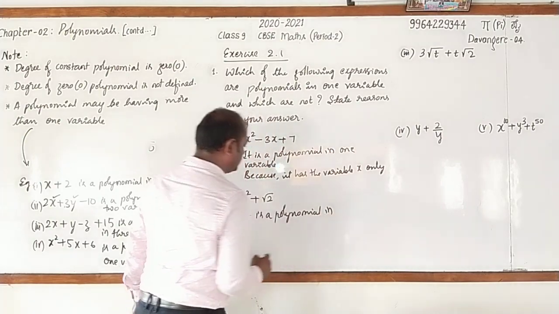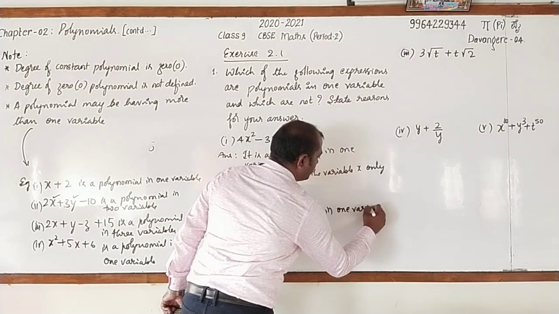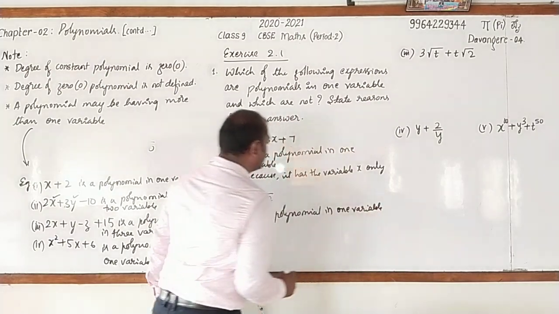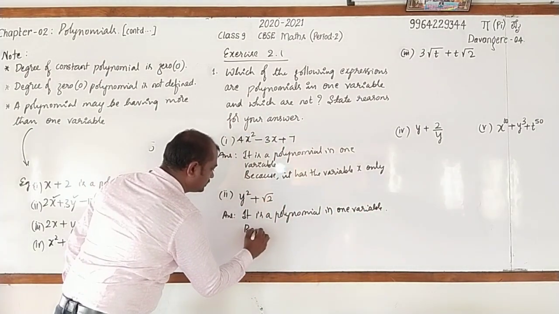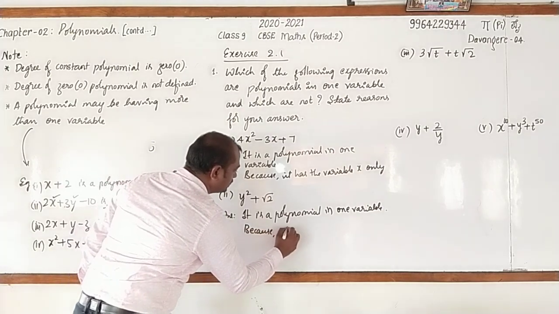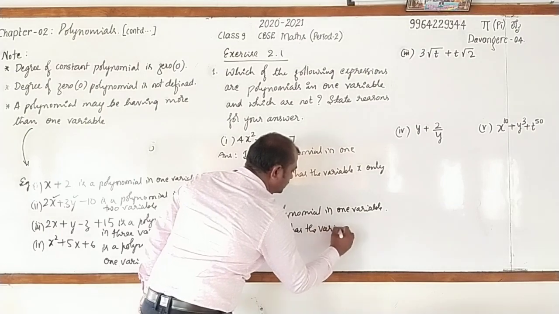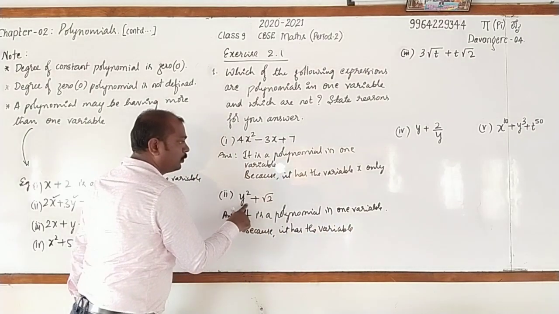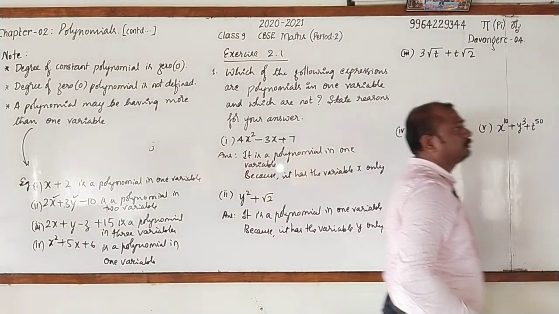So you can write it is a polynomial in one variable. Then the reason, same thing. Because it has the variable y only.